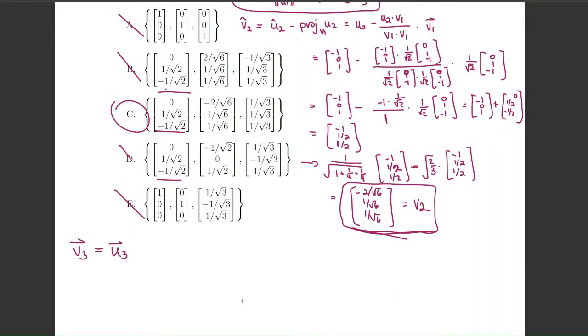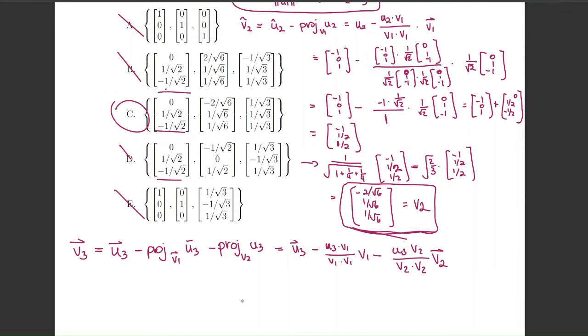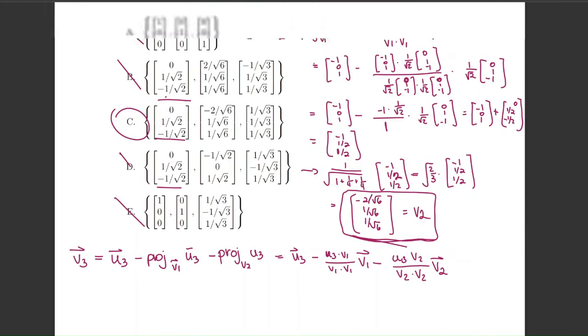So we have u3 minus the projection of u3 onto v1 minus the projection of u3 onto v2. That's equal to u3 minus u3 dot v1 over v1 dot v1, times v1, minus u3 dot v2 over v2 dot v2 times v2. Okay, great.